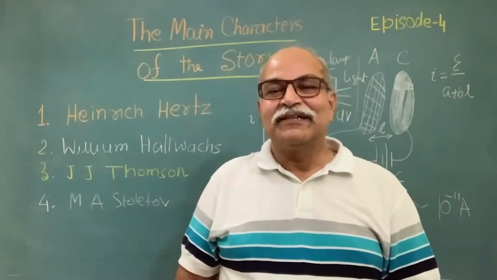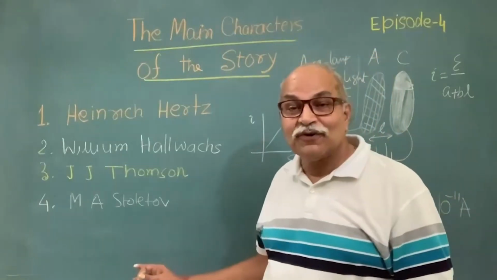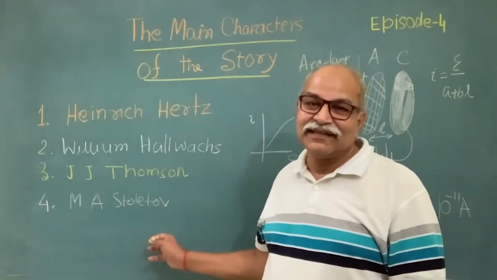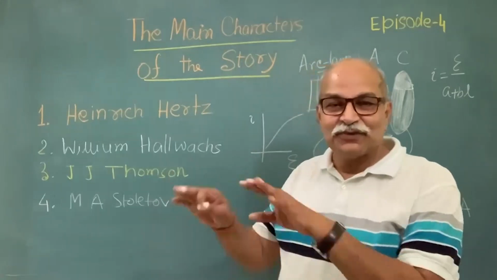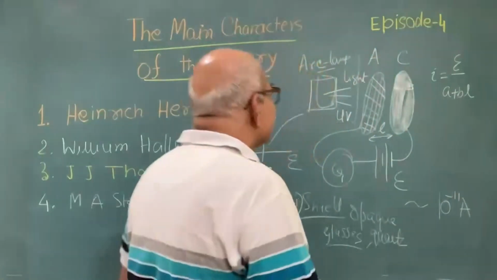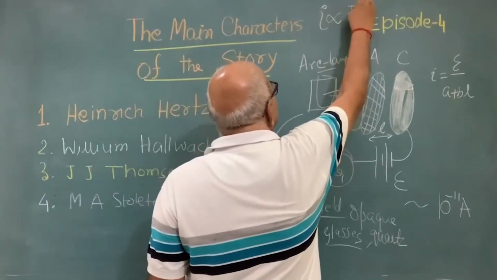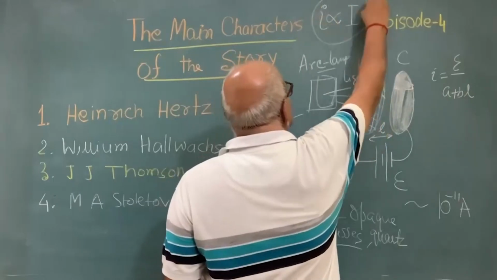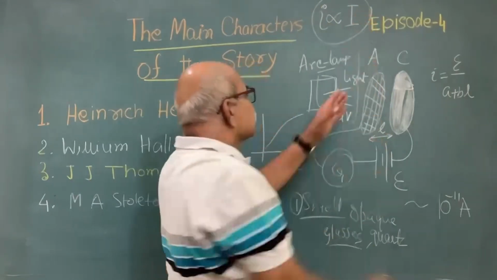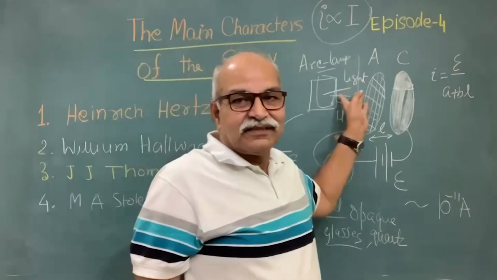But then there is something called Stoletov's law of photoelectric effect, and that must have come from the research he has done, and that is that this current is proportional to the intensity of this light, this UV light, right? So the intensity of the source.